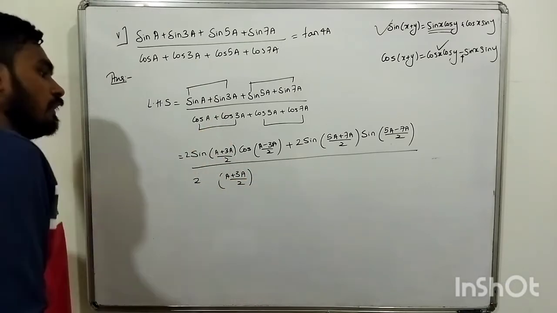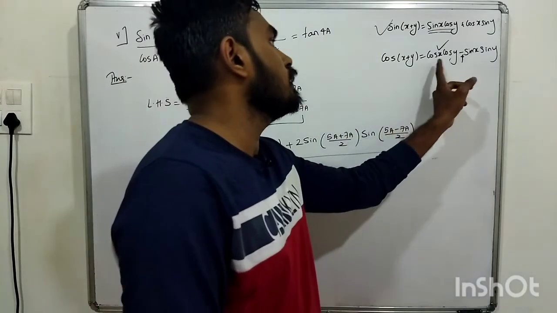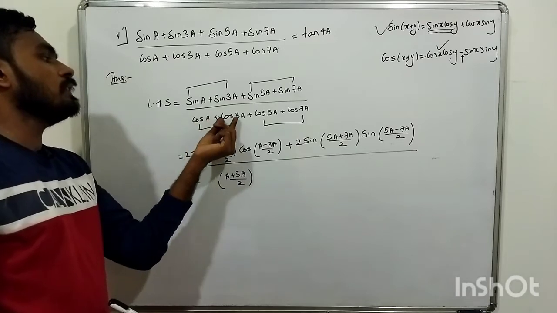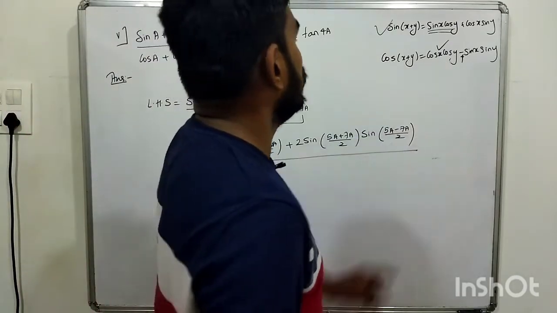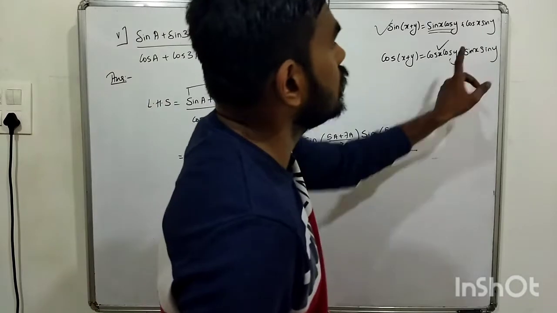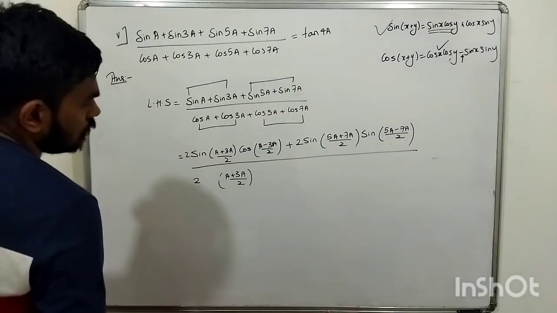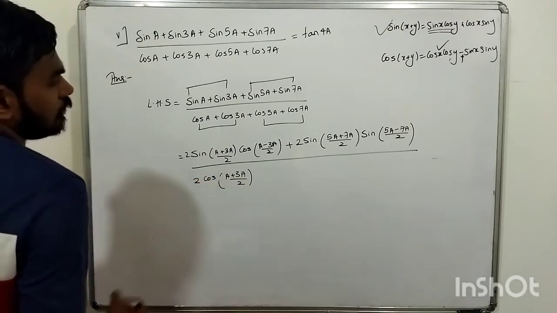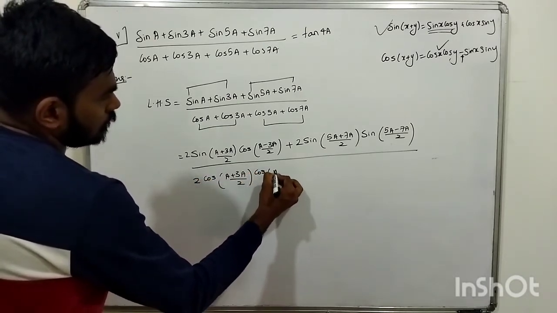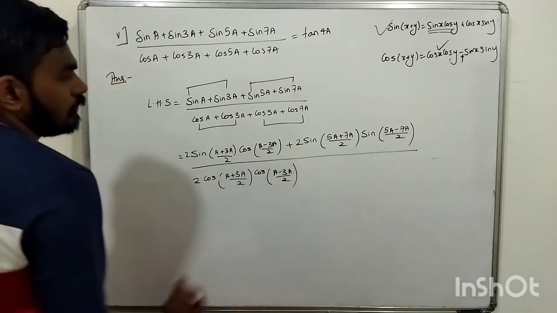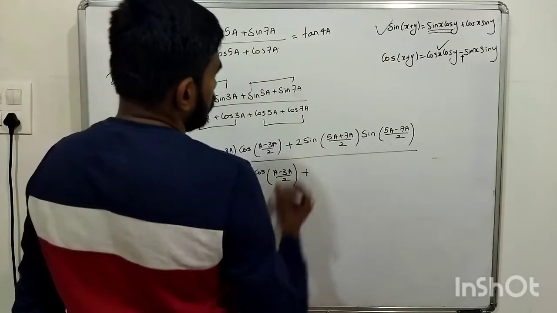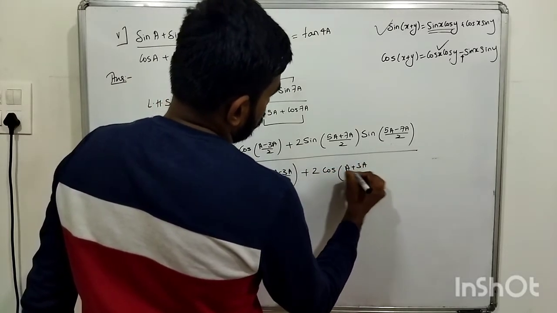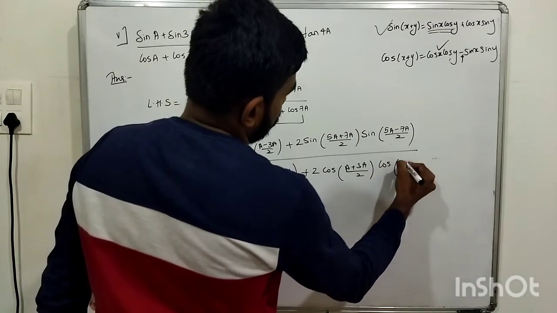See, here I am taking cos because cos of x plus y is cos x cos y minus sin x sin y, and here we have cos plus cos, so I am using this. If there is cos minus cos, I am going to use this along with the negative sign.